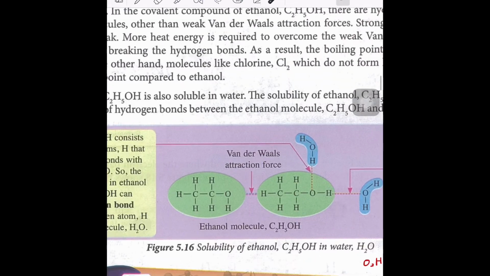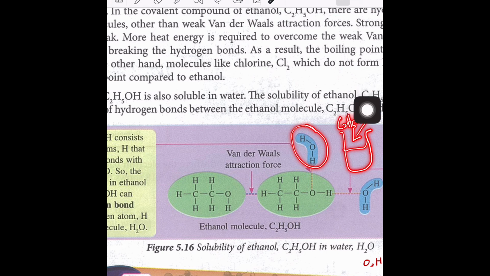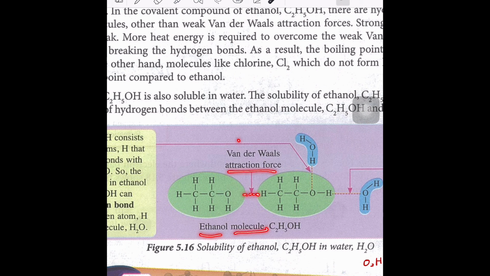Look at this one. Ini air. Okay, kamu bayangkan sajalah kamu tuang alkohol di dalam gelas. Tuang C2H5OH dalam gelas yang ada isi water. Okay, so what will happen? Kan antara ethanol molecule tu memang sudah sedia ada van der Waals attraction forces yang lemah. Okay, lepas tu tambah lagi air.